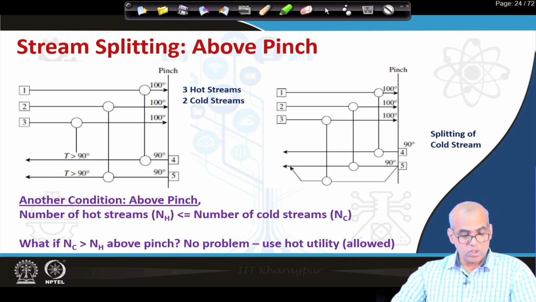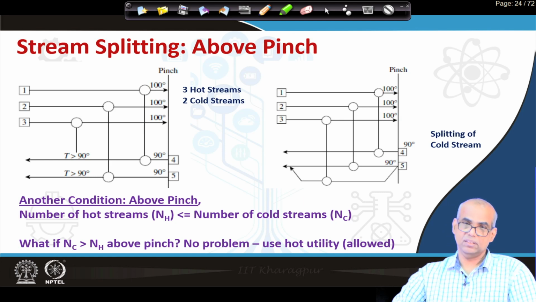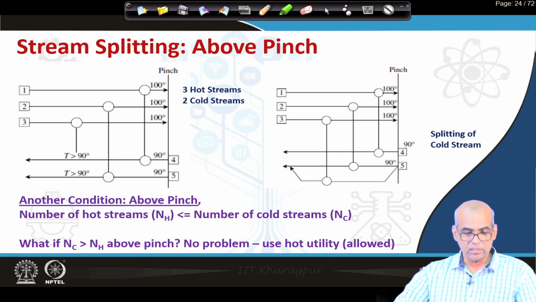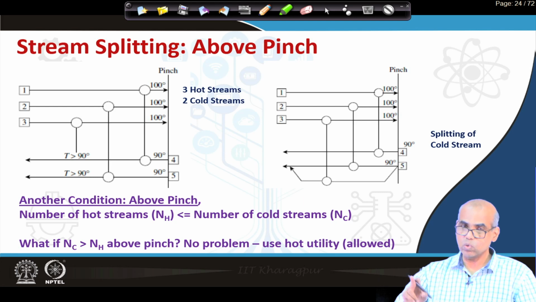So, if number of cold streams is more than number of hot streams, that is not a problem, because you can use hot utility in the region above the pinch. So, number of cold streams can exceed number of hot streams in the region above the pinch, because you are allowed to use hot utility.